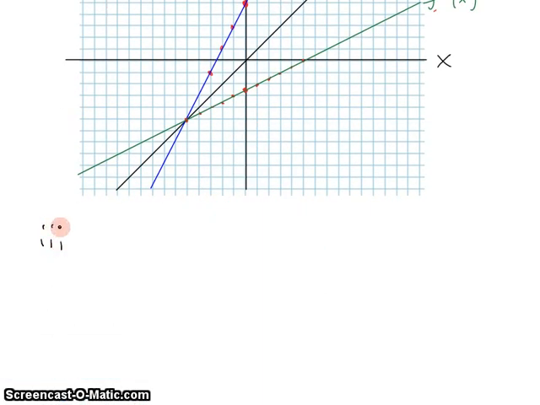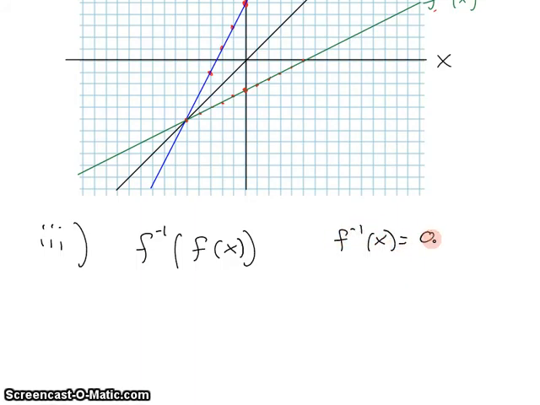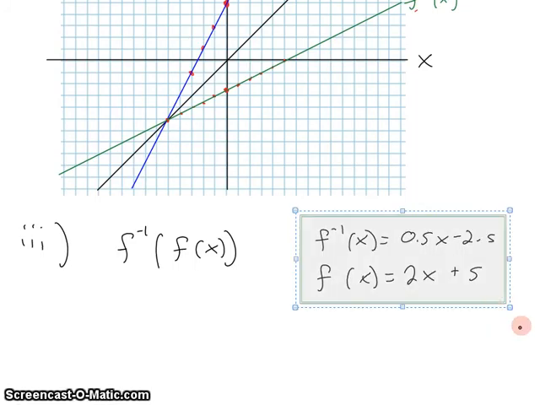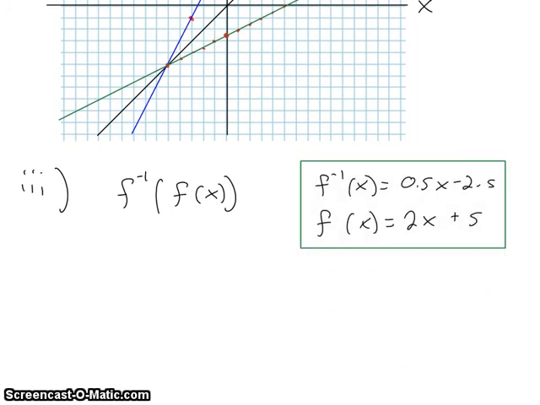Just to remind you, the inverse of f of x is 0.5x take 2.5, and f of x is 2x plus 5. So these are the two functions that we're going to combine.